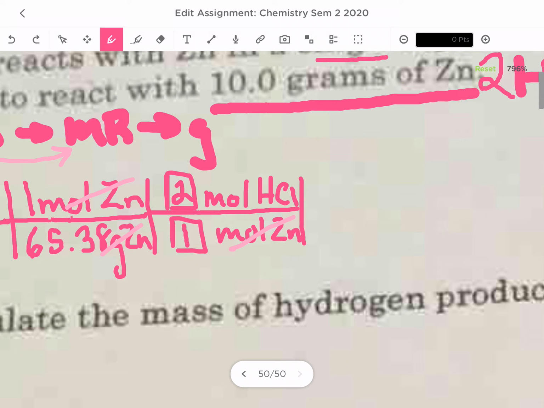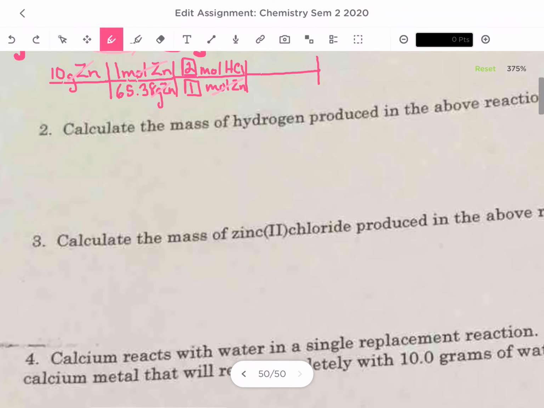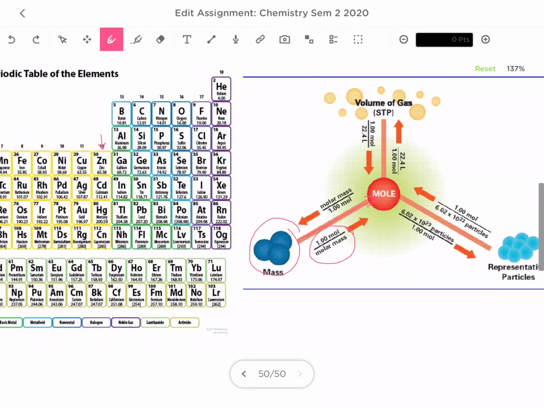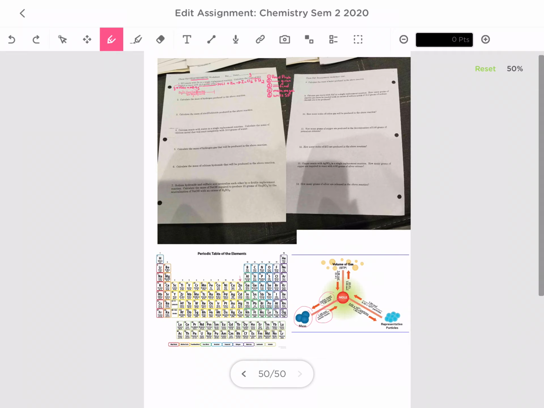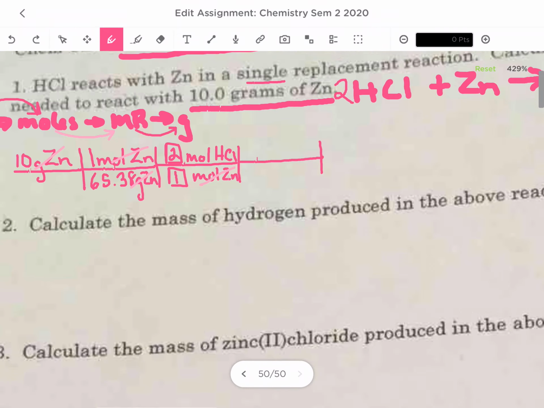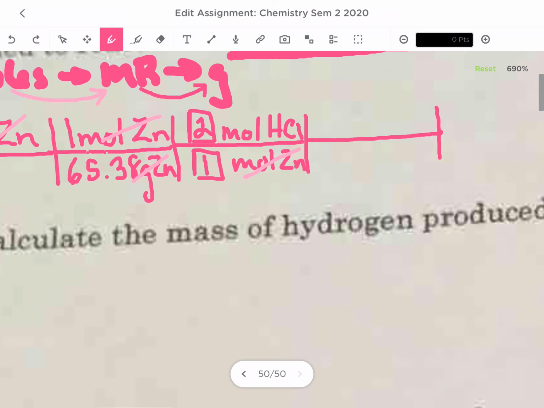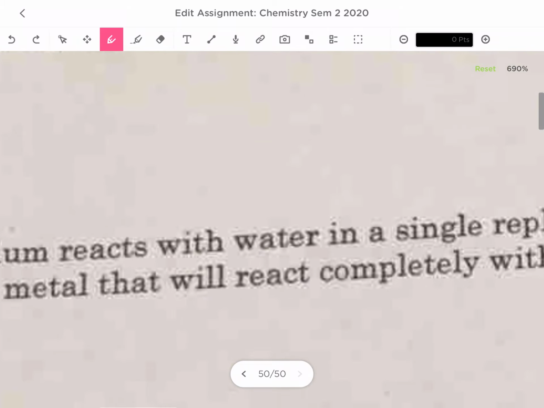Now it says once we use our mole ratio to convert back to grams. Now we're going to grams of HCl. If you look at your mole map down here, now we're going the opposite way. So it's molar mass over 1 mole. So if I add up HCl, hydrogen's about 1 plus, let's see what Cl is down here.